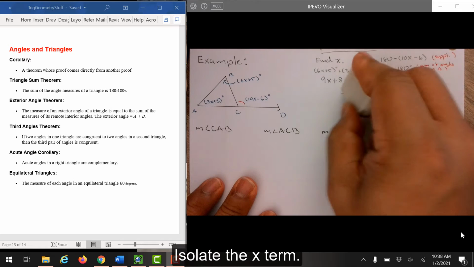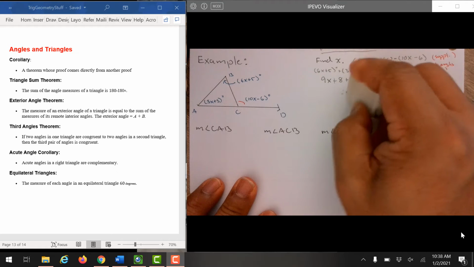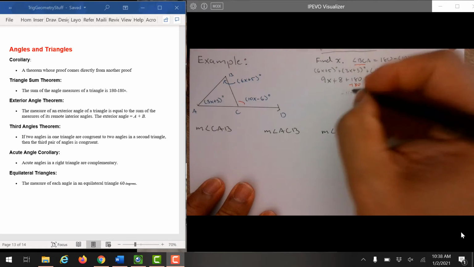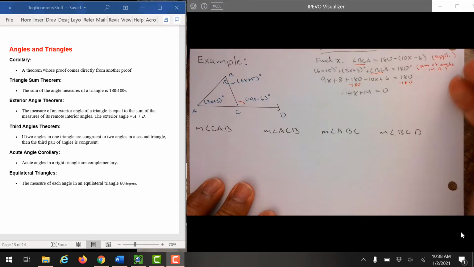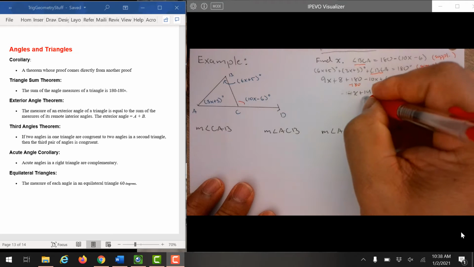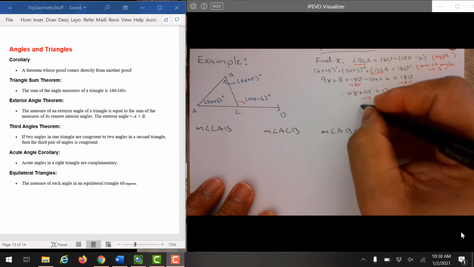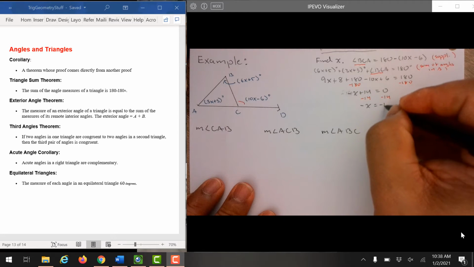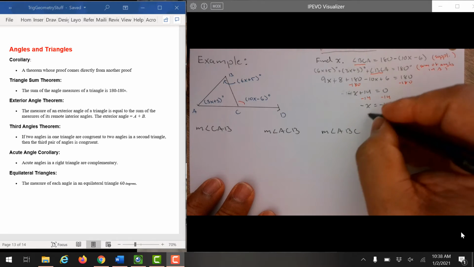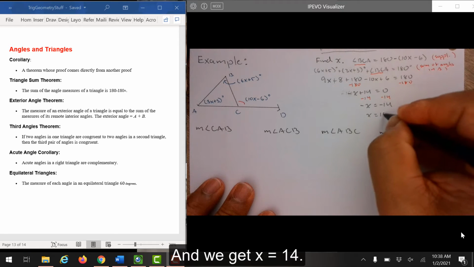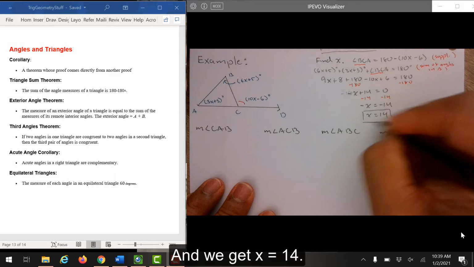Isolate the x term. And we get x equals 14.